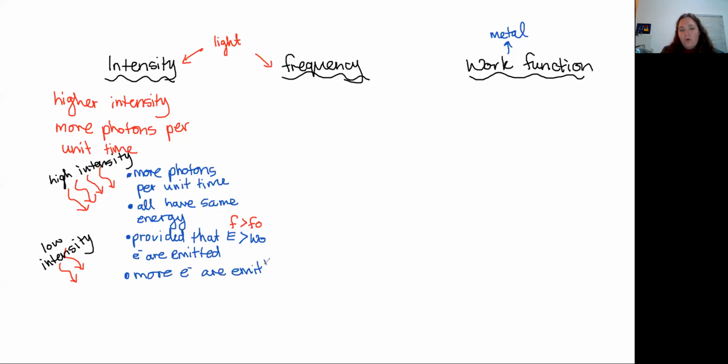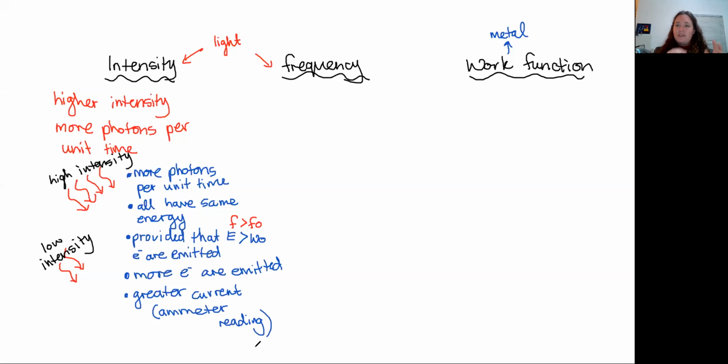And because more electrons are emitted, we will then have a greater current. And please note this current is detected on an ammeter. So we'll have a greater current, which means a greater ammeter reading. So more electrons mean even if the electrons are traveling slowly, more of them will pass the point per unit time in the circuit, so therefore you will end up with a greater current reading.